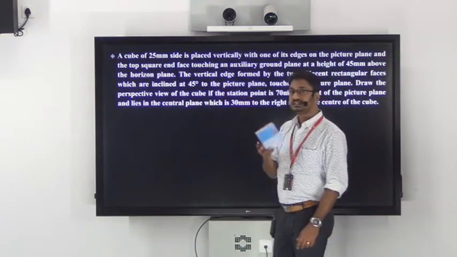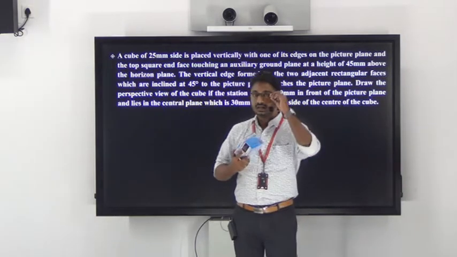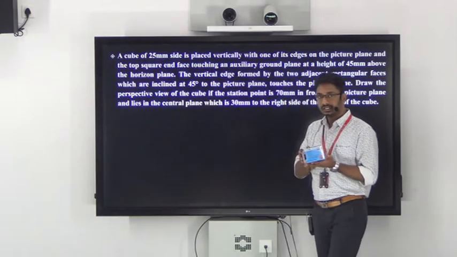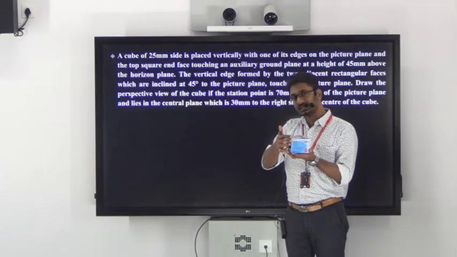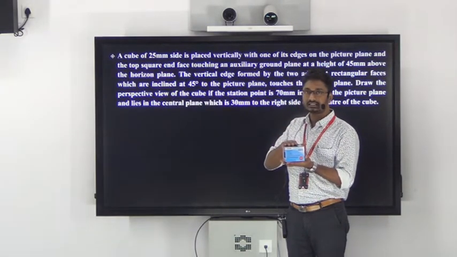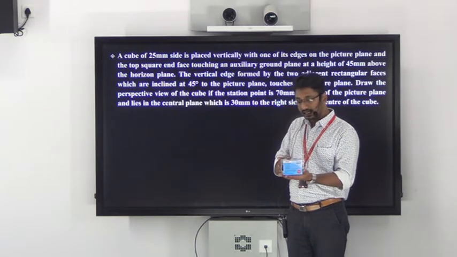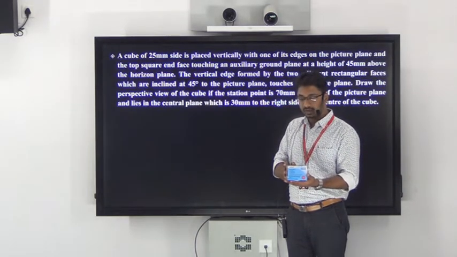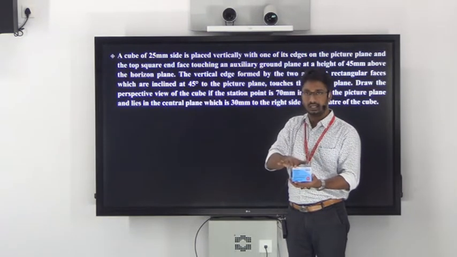Now what is the difference of this question from the last one? In the last case, the object was placed on the ground plane and the height of the object was 40 mm, and in that case the station point was 70 mm from the ground plane. So in that case, we are looking at the object from above, so you can see the top face completely.